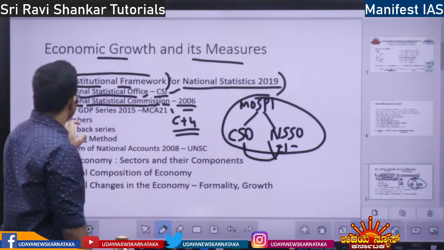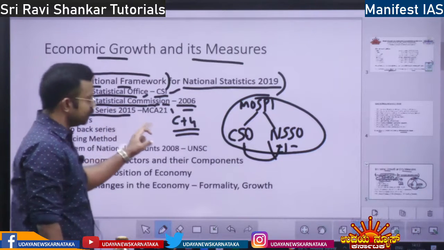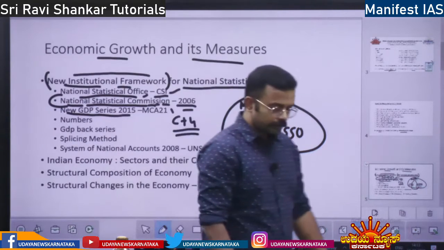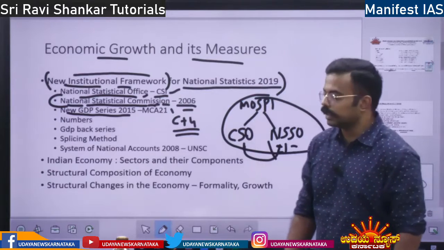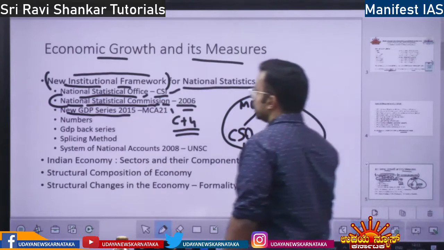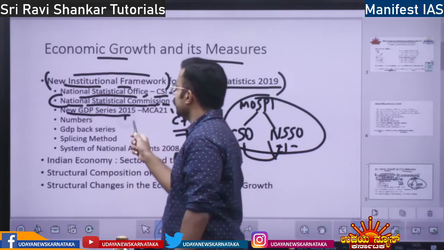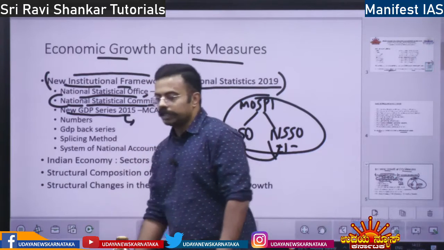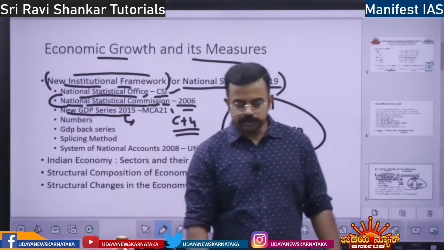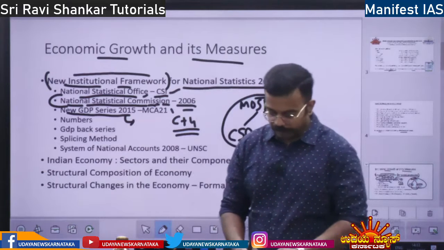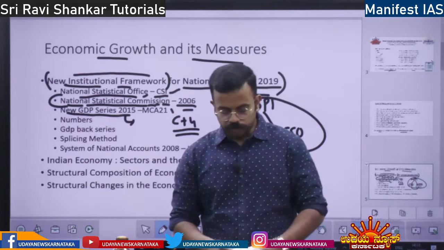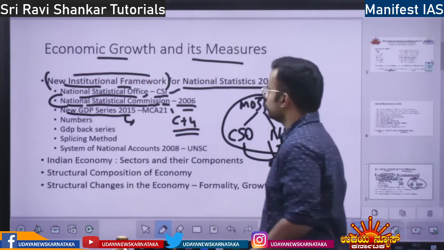Okay. Next we have the new GDP series 2015. After the Narendra Modi ji government came, it started the new GDP series. Earlier there was GDP calculated in a different way, right? So what is new about the new GDP series?